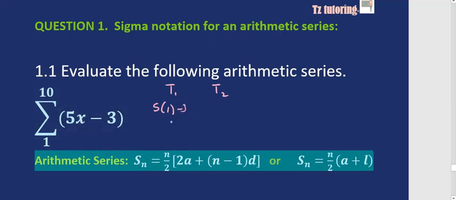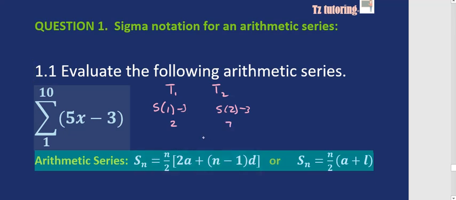So 5 times 1 is 5, and 5 minus 3 is 2. So term 1 is 2, and term 2 would be 5 times 2, then you minus 3. 5 times 2 is 10, and 10 minus 3 is 7.